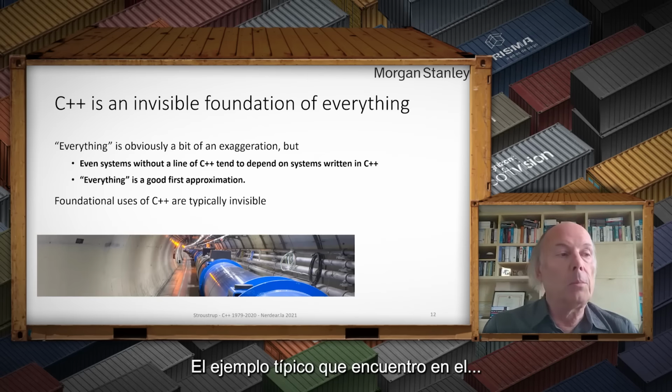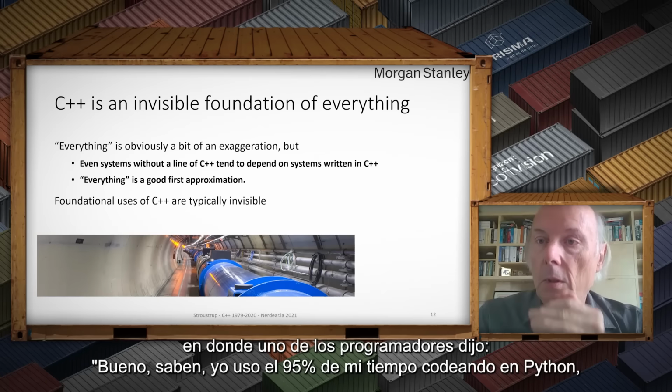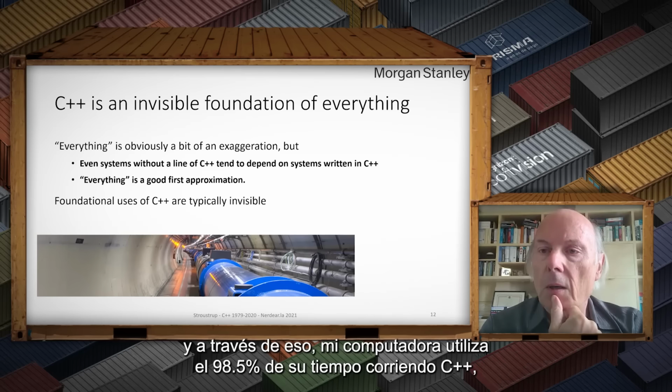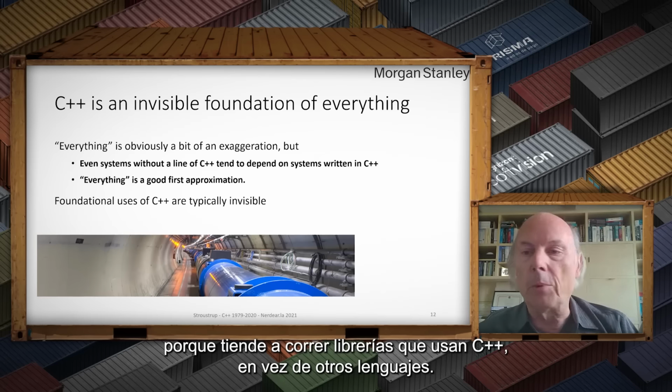The classical example I found at the Data Sciences Institute at Berkeley, where one of the developers said, well, you know, I use 98% of my time writing Python, and through that, my computer spends 98.5% of its time running C++, because TensorFlow is a C++ library that's used from all the other languages.